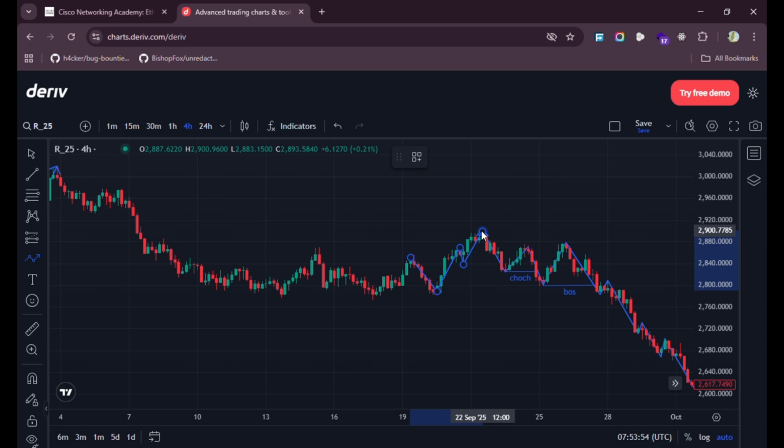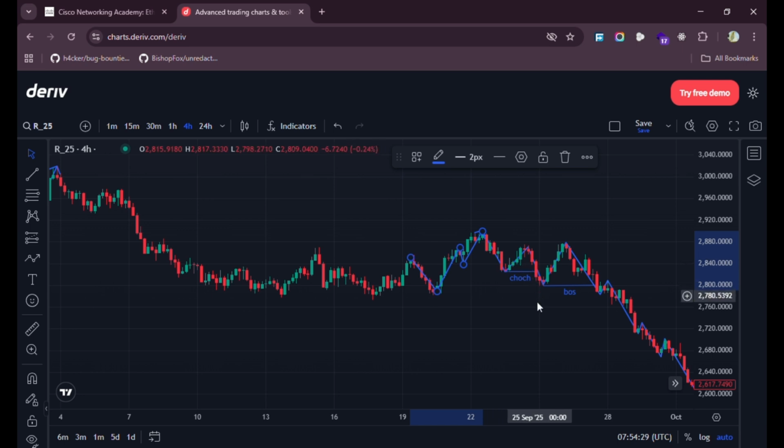But then, at this point, the market changed its direction, gave us a higher low, but was unable to take out this high, gave us a lower low, took out this low, showing us that it's about to change its direction. Now, this is what we call change of character, or MSS, which is market structure shift.